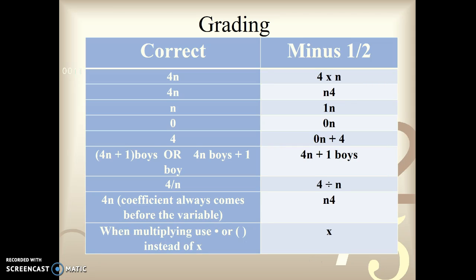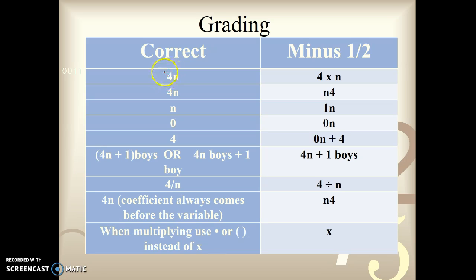All right, now we're going to look at some grading guidelines. This is reprinted for you on that red sheet that I gave you and had you stick in the front of your math binder. If you have that, go ahead and turn to that right now, and let's just go over these grading guidelines. In algebra, we are going to write multiplication. When we have a coefficient and a variable, we write those together if we're multiplying.